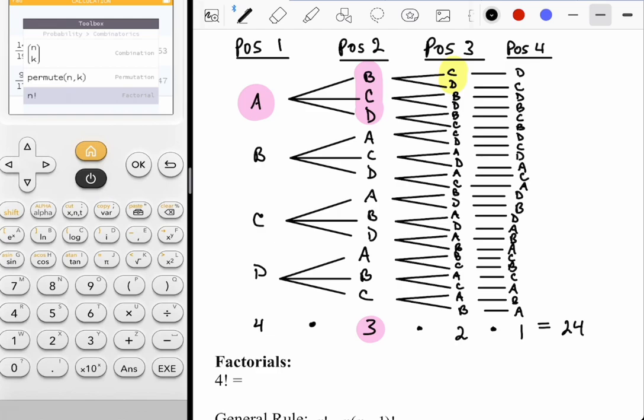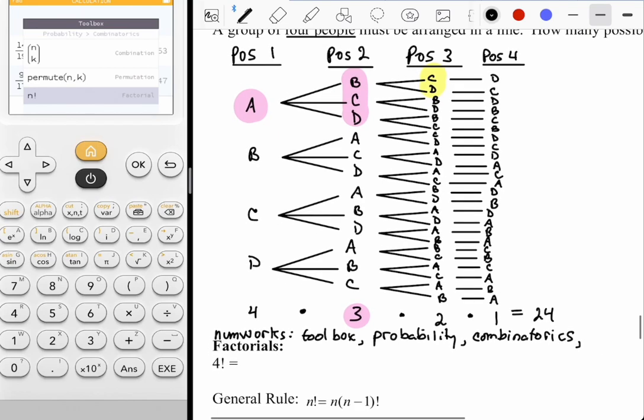All right. So if you're using NumWorks, it's toolbox, probability, combinatorics, and then the one that says n factorial.